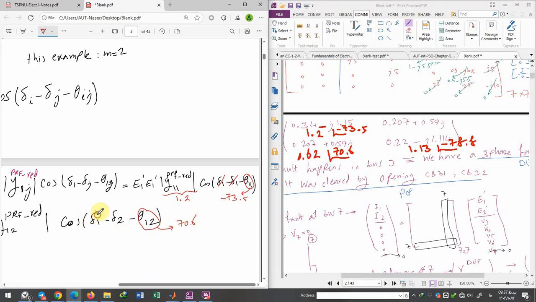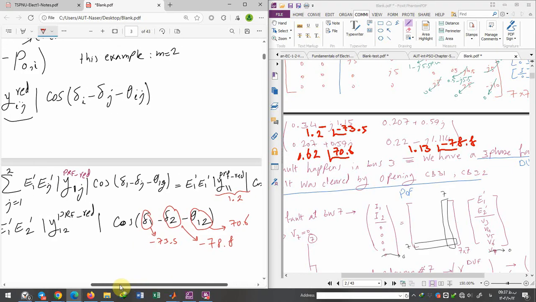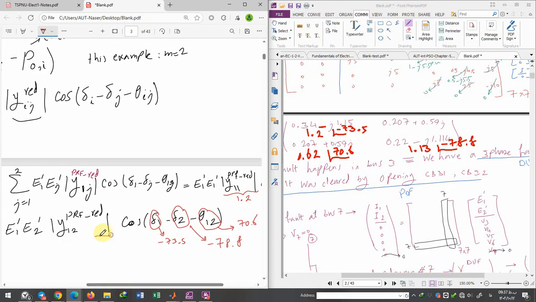Delta 1 is minus 73.5. The delta 2 is minus 78.8. After that, the magnitude of Y12 is 0.62.